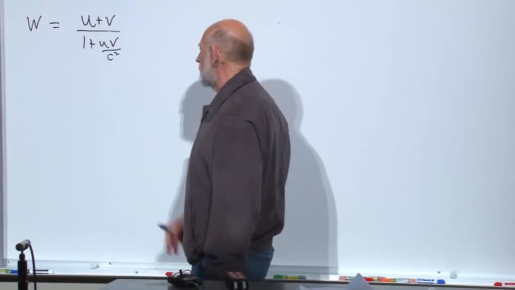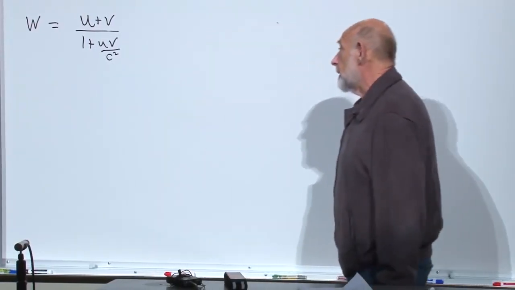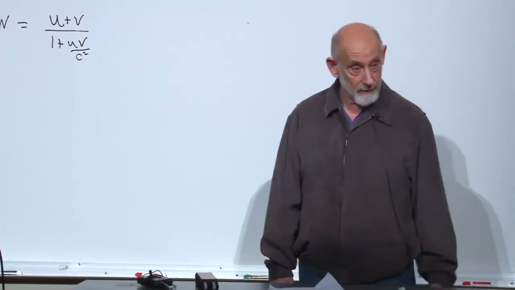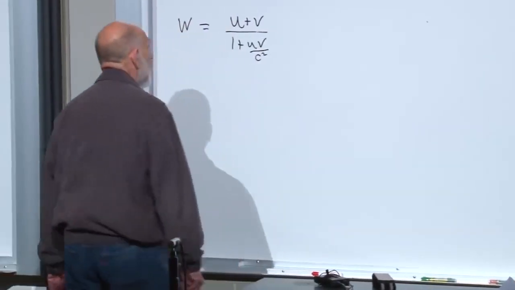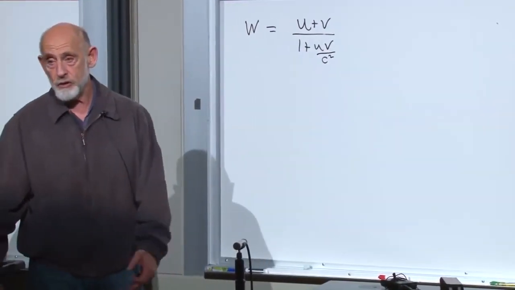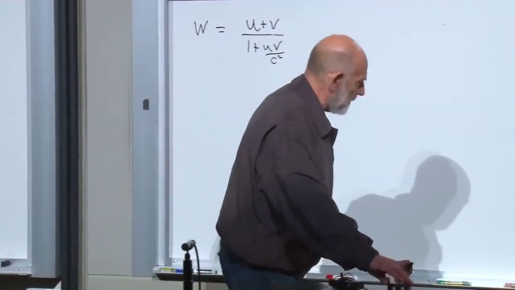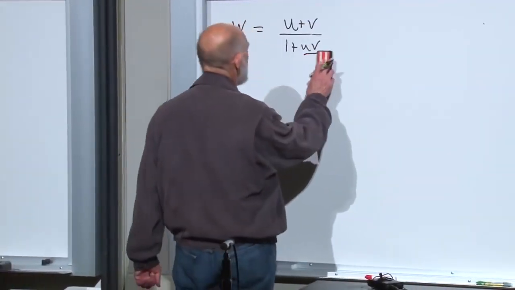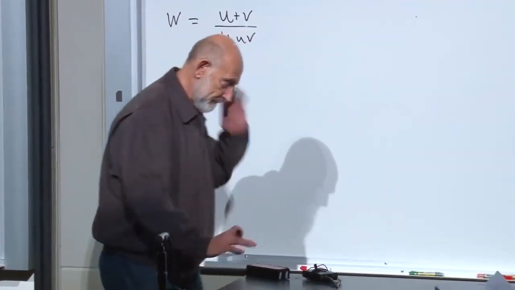This is a very, very small number, and it's a very small correction. On the other hand, when u and v get up near the speed of light, it can get very significant. So let's see what happens. First, let's do the case where u and v are small velocities compared to the speed of light. Remember that u and v mean velocities measured in units of the speed of light. Okay?